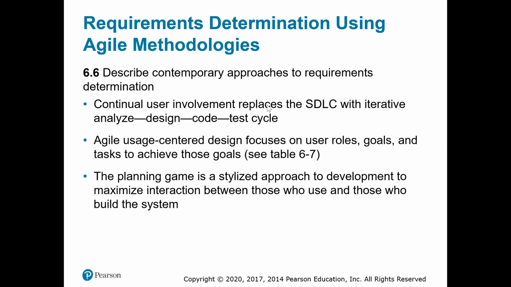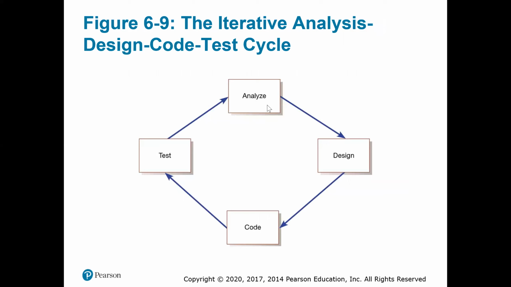And focuses on each user and what their role is in the organization, what their goal is, and the tasks that they're going to do to achieve those goals. So it's very planning and execution oriented, and it has its own set of iterative cycles to get the job done, and it works quite well.